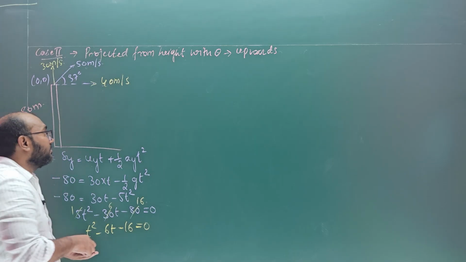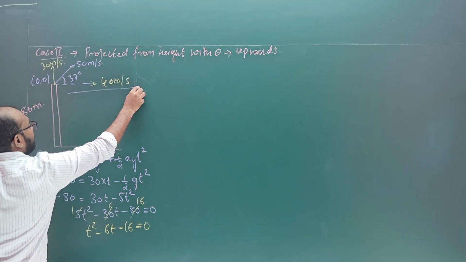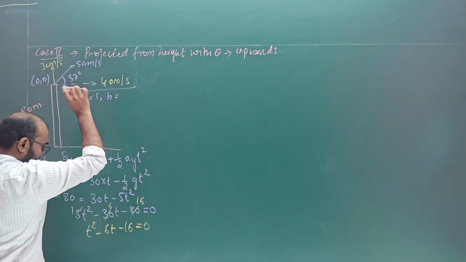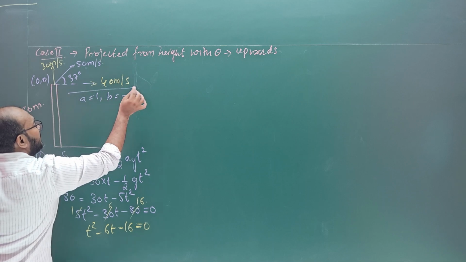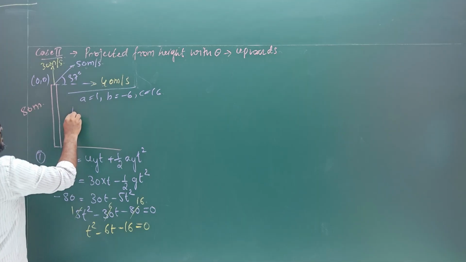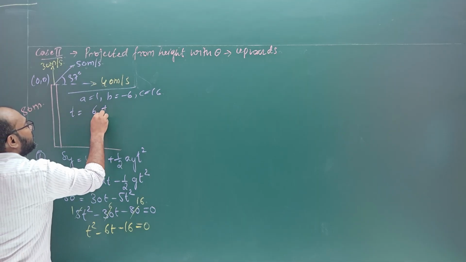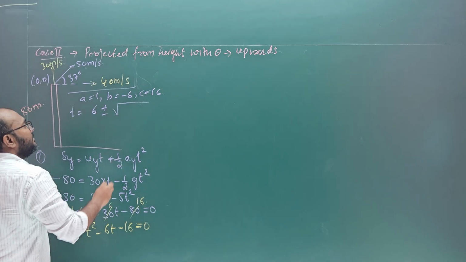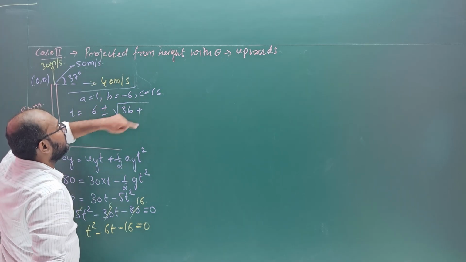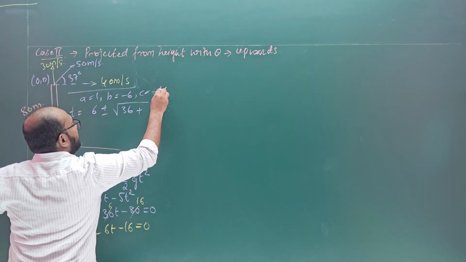Substituting in the quadratic equation, let's see what we get. A is 1, B is minus 6, and C is minus 16. Then T equals minus B, that is 6, plus or minus under the root of B square, that is 36, plus, because this is also minus, 4 into 16.